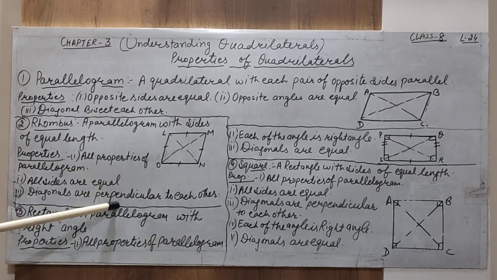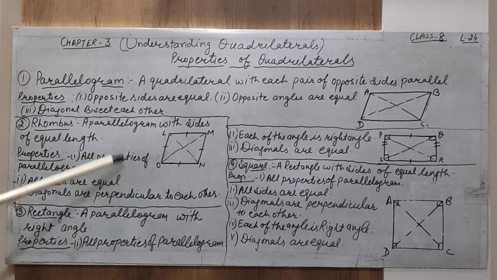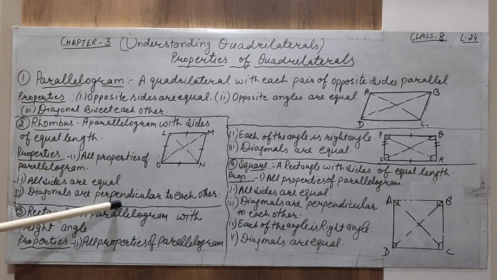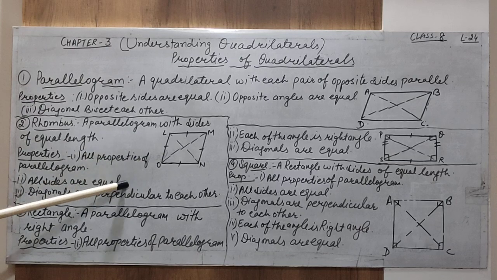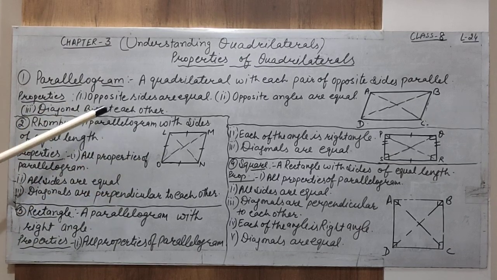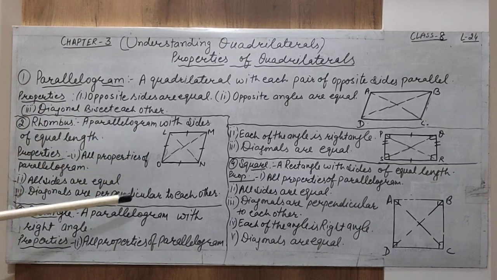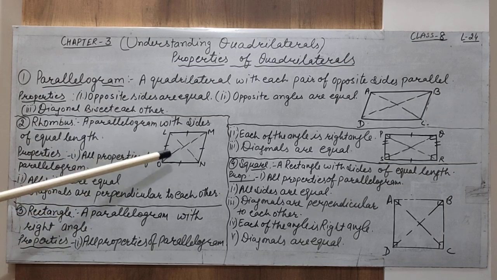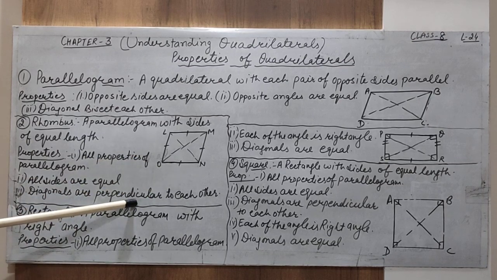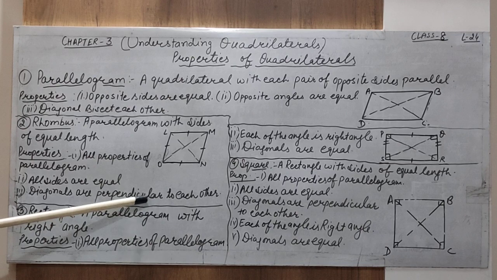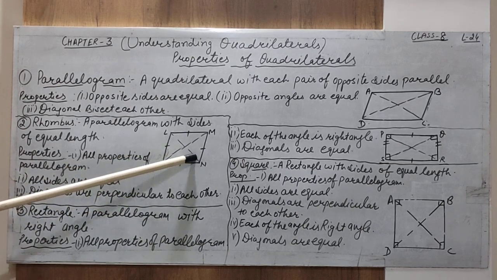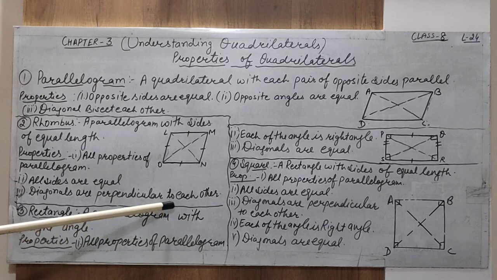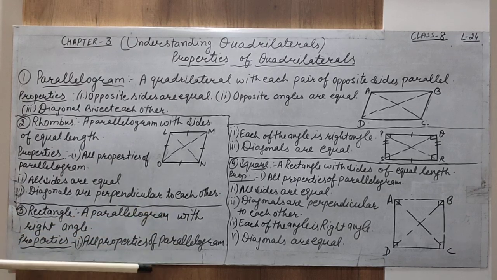This is an extra property of the rhombus that differentiates the rhombus from the parallelogram. In a parallelogram, diagonals only bisect each other, but in a rhombus, diagonals bisect as well as are perpendicular to each other. So in this case, the diagonals have two properties: they cut each other into equal parts and are perpendicular to each other.